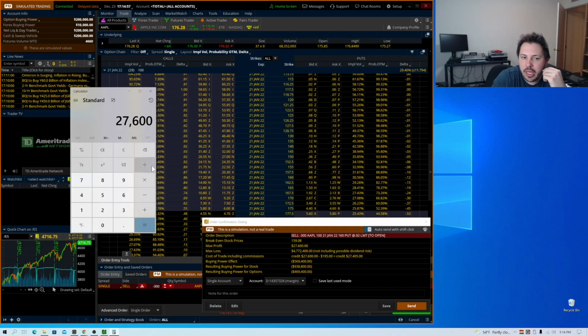And if it expires worthless, we keep $27,600, and that would be divided by $569,400, which is the margin we had to put up to hold this, right? Which gives us a cash on cash return of 4.84%.